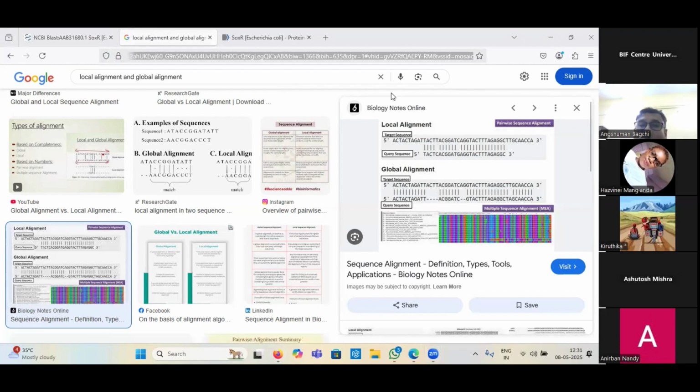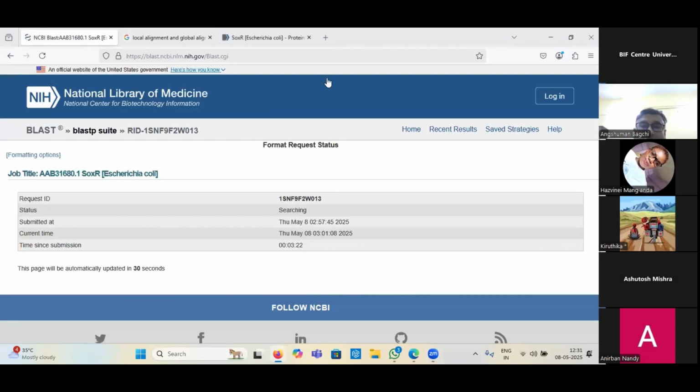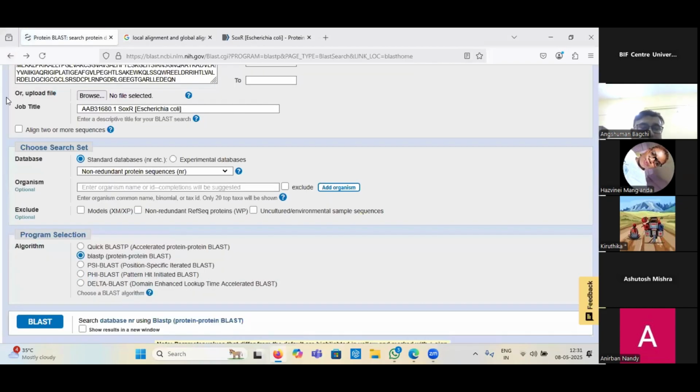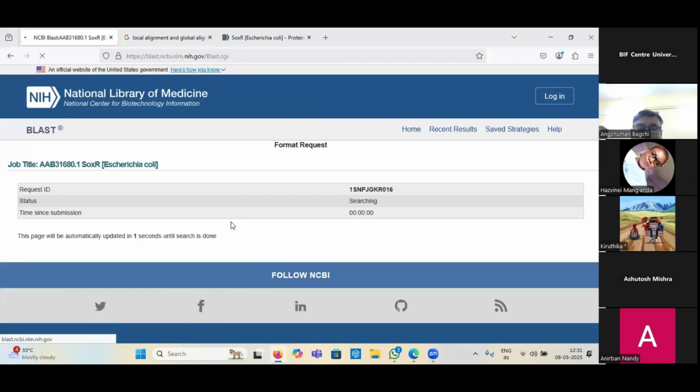Yes, global alignment. I think it is not coming yet. It's taking time. So let us go back. Yes, again, probably you get the result faster here.